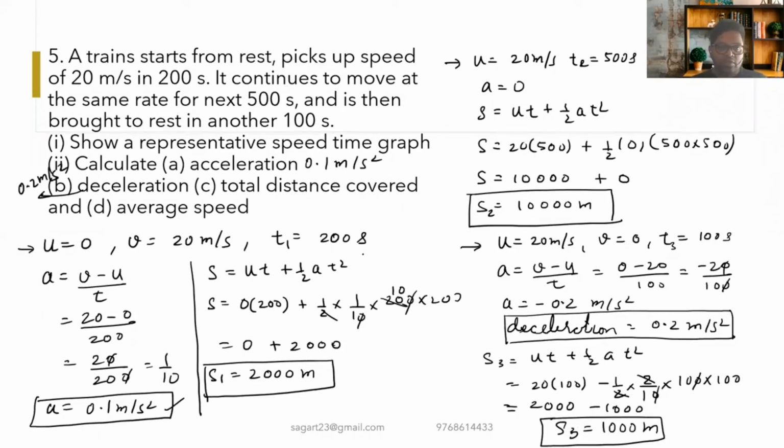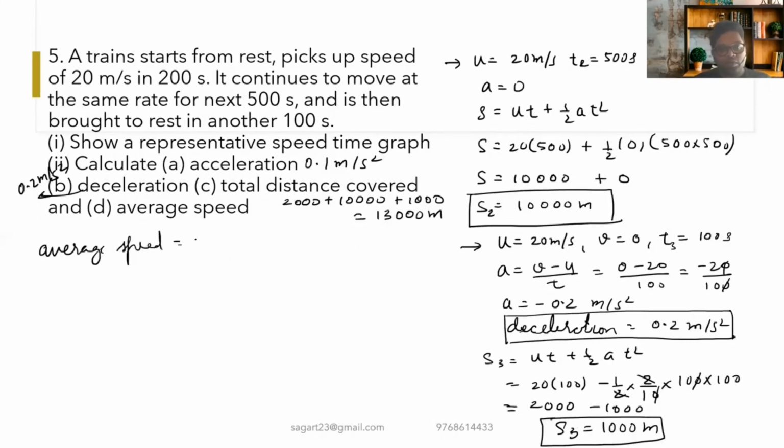Total distance covered. Okay, so students, that will be 2000 plus 10,000 plus 1000, and that will be a total of 13,000 meters. Okay, and they want us to calculate the average speed. So speed is equal to the total distance upon total time.